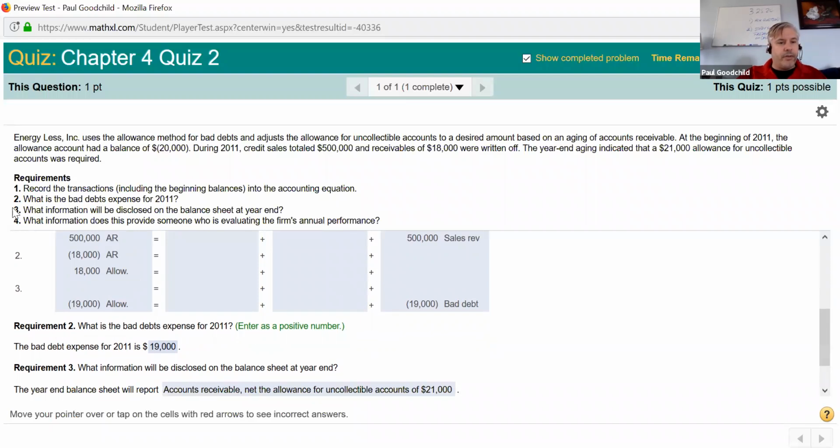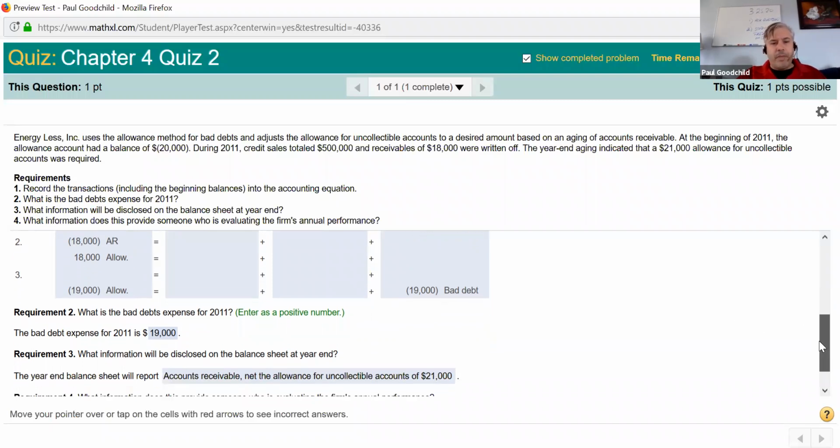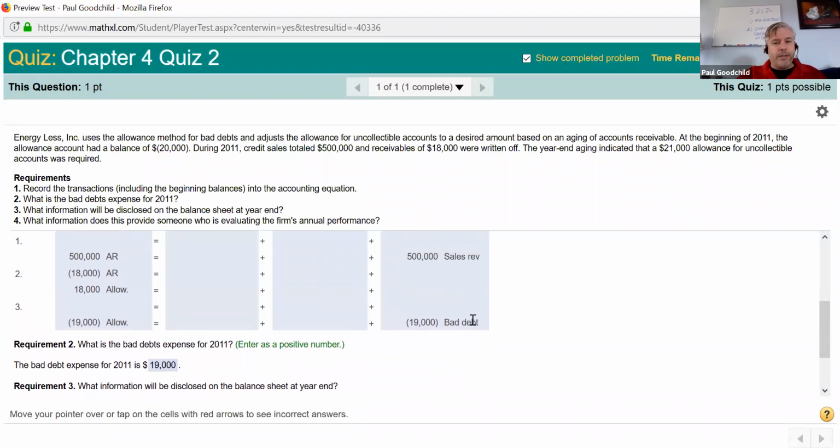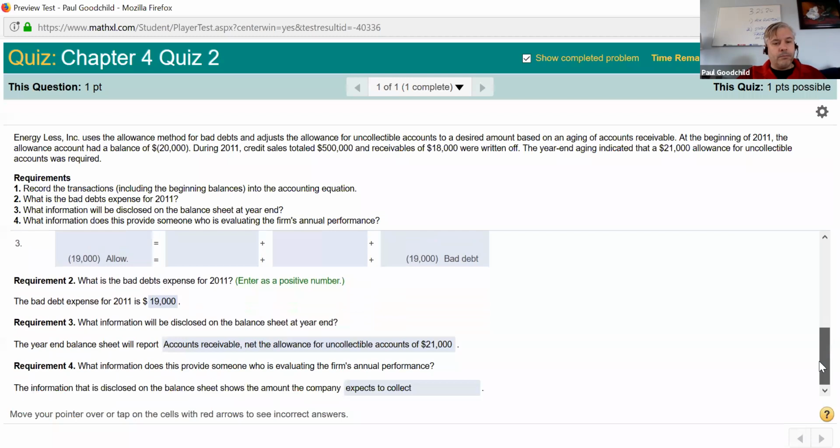It just doesn't have the requirements. I didn't understand the requirements correctly, but made all the calculations properly. So 19,000 in bad debt, 500,000 in accounts receivable, 18,000 in allowance. I netted those two, and the rest of it is correct. So any questions there?